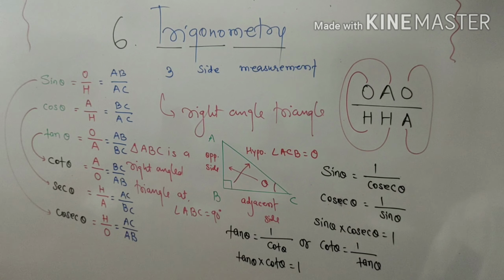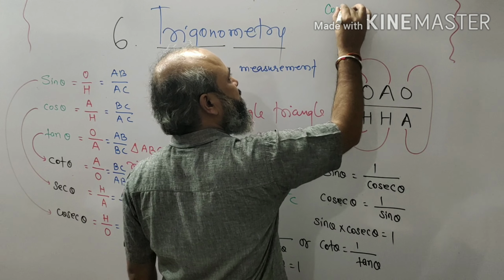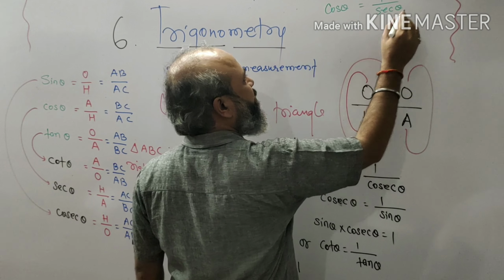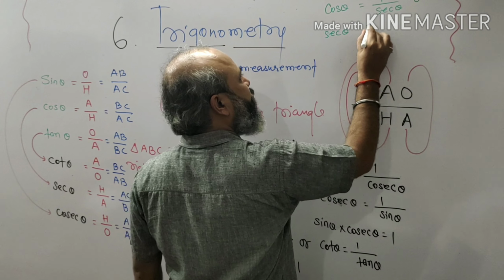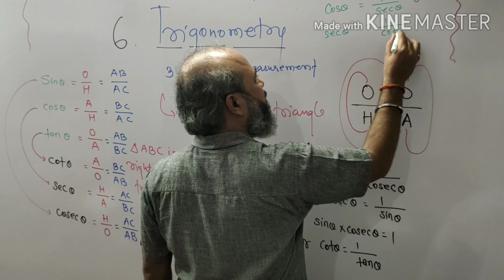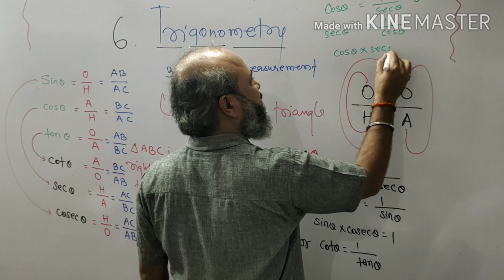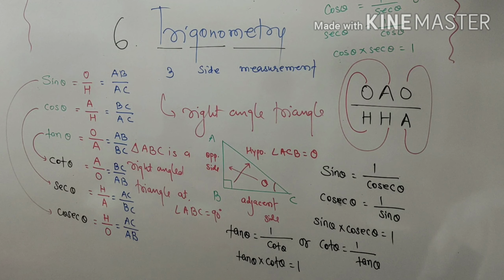Now similarly, cos theta is the opposite of sec theta, and sec theta is the opposite of cos theta. So cos theta into sec theta is equal to 1.